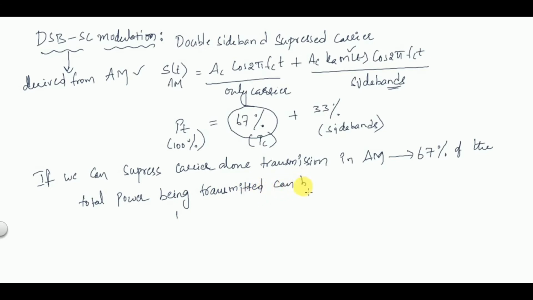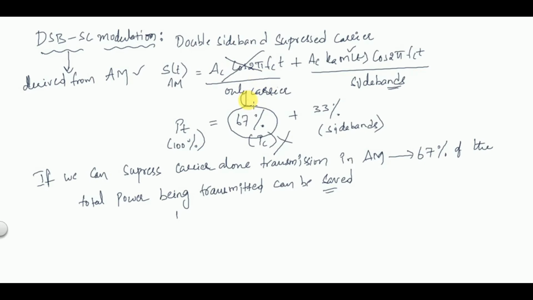Okay, so power can be saved. So this wastage of power can be eliminated when we suppress only this carrier alone transmission. So when we suppress carrier alone transmission, 67% of the total power being transmitted can be eliminated.